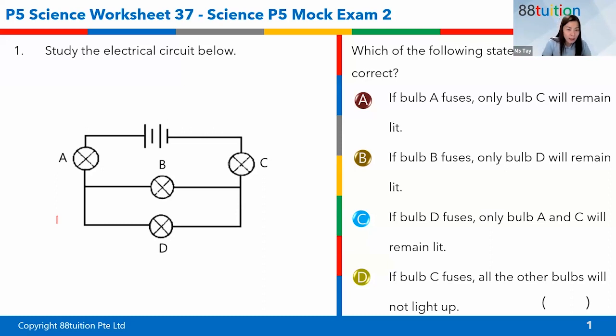All right. So let's see. Question 1 here, study the electrical circuit below. You should be very good at electricity now, correct? So you should have no problem doing all this also. Okay, so what is your answer? Oh, your school only teaches electricity in P6. That is a little bit surprising to me. Right.